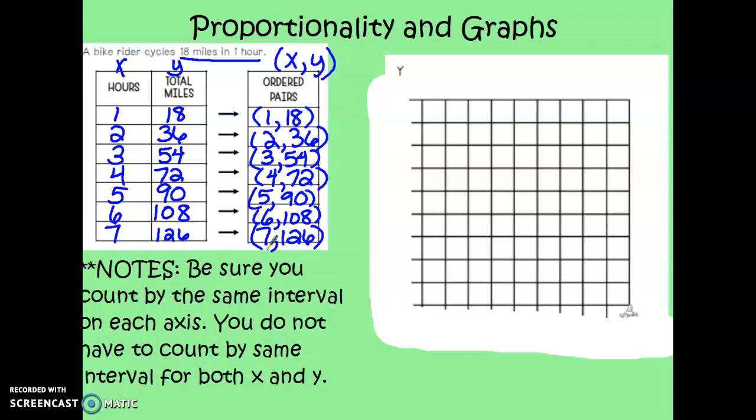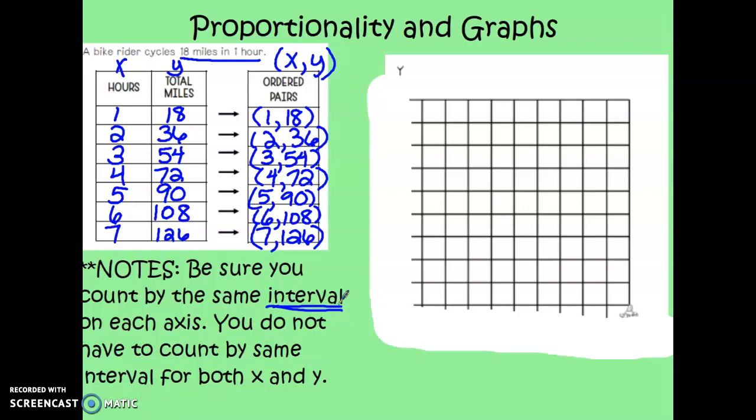Okay, so we have our ordered pairs, and what our ordered pairs tell us is how we're going to graph it. Now, very important when we are numbering our graph, and you guys see my note over here, you might want to write this down: be sure we count by the same interval on each of the axes.